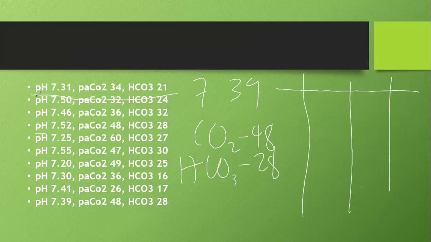Now, pH is 7.39. Is it normal or abnormal? That's the first point I want you to tell me. pH of 7.39, is it normal or abnormal? It's normal.